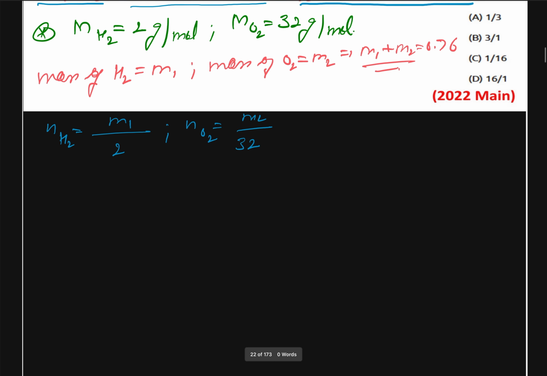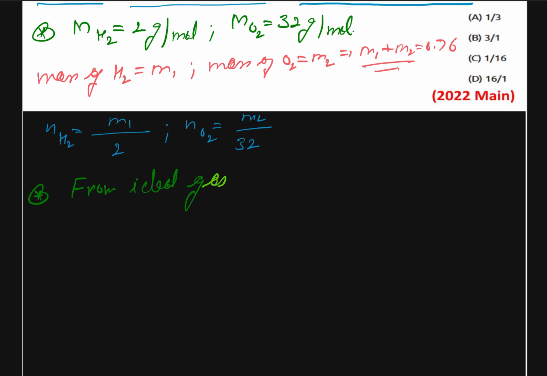Now we can use the ideal gas equation. PV is equal to nRT, and from here n is equal to PV divided by RT.